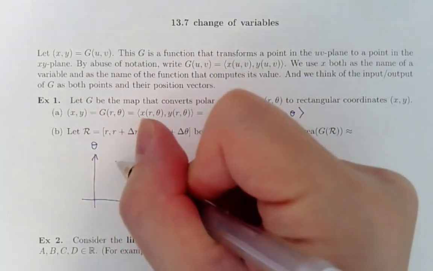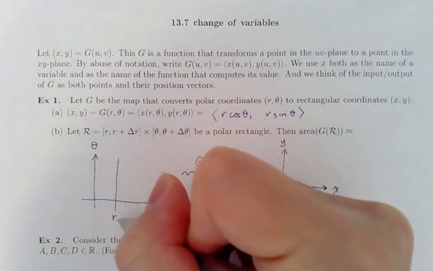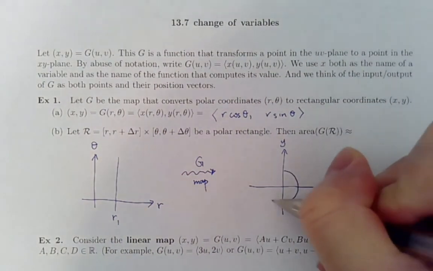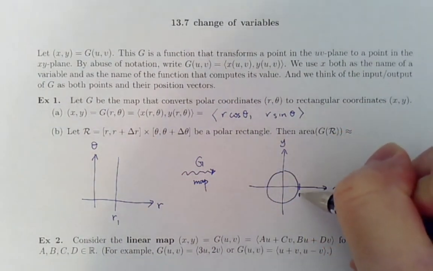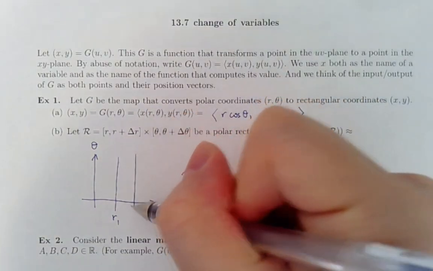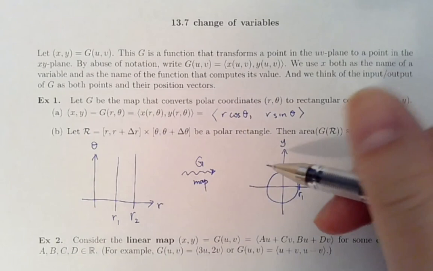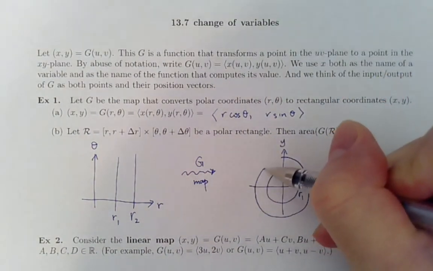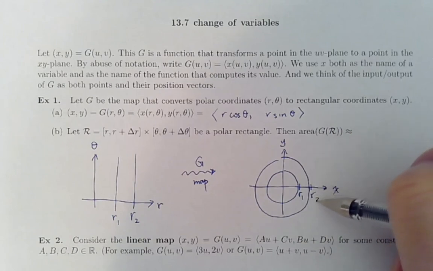Now, let's take a line r equals r1 that maps over, we know, to a circle of radius r1. If we take another line r2, that maps over to a bigger circle of radius r2.